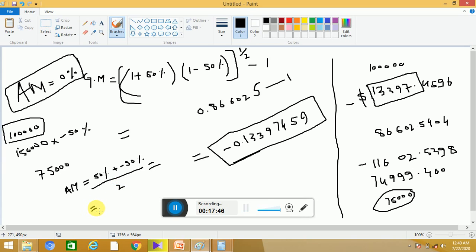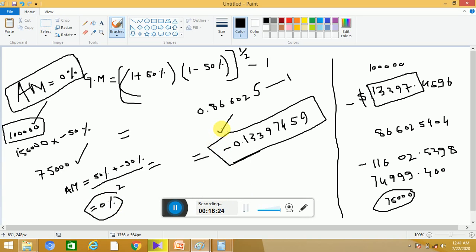So it was giving a result of 0%. There is no loss according to it, but actually there is a loss. Our amount was 100,000, it becomes 75,000, which means there is a 25% loss. But arithmetic mean tells us that there is a 0% loss.